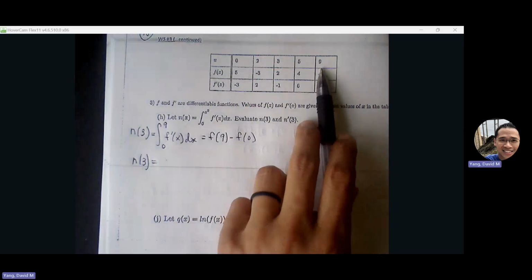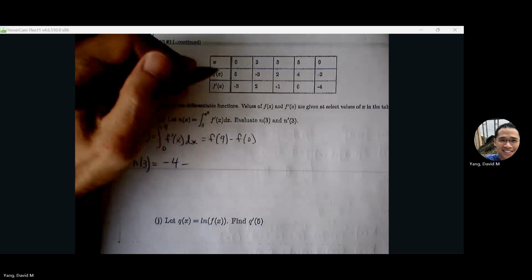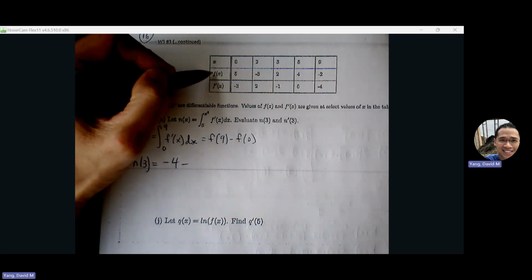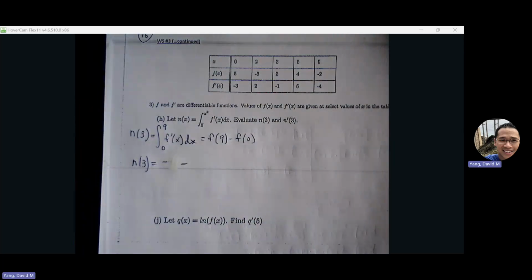So f of 9. I'm sorry, f of 9 is -2. First row.